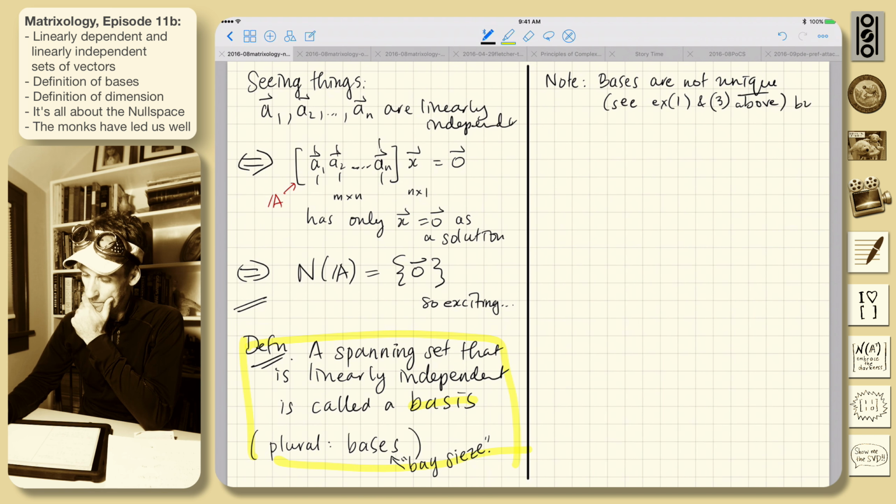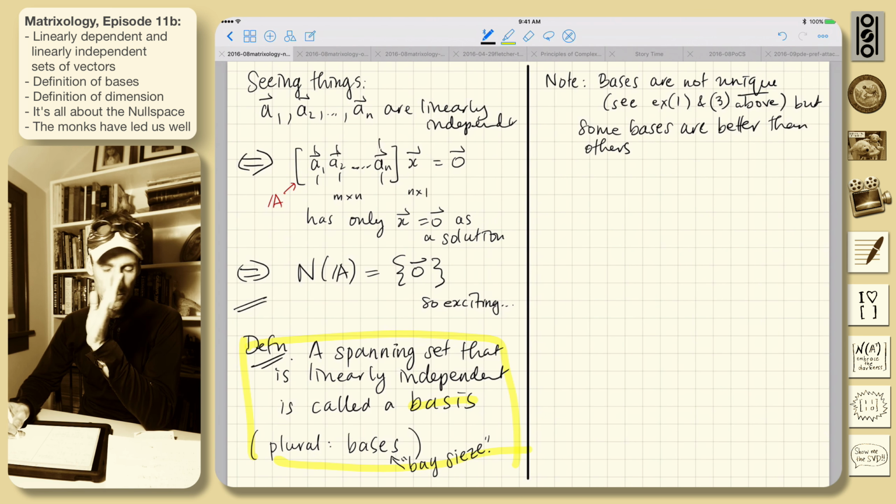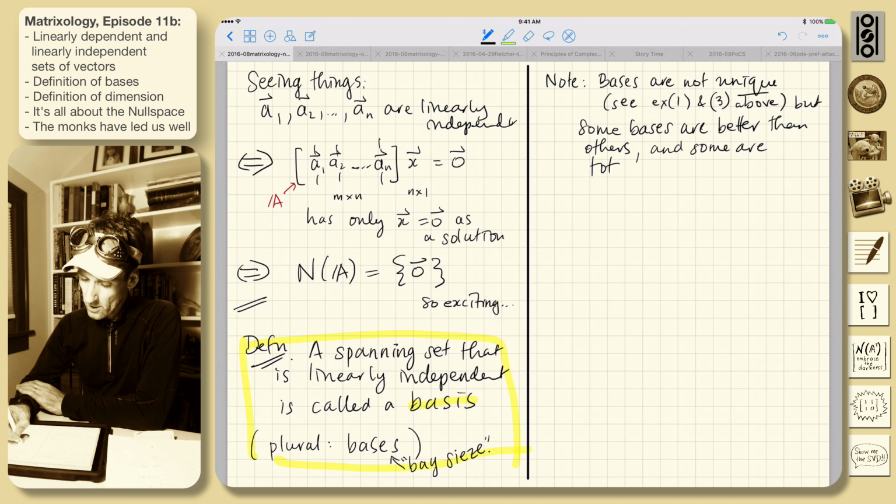But some bases are awesome. Some bases are better than others. They're more appropriate for the thing you're working on. There's a place for every basis. It's okay. Some are better than others, and some are just awesome. Some are, I think the technical term is totally awesome. We'll get to that.